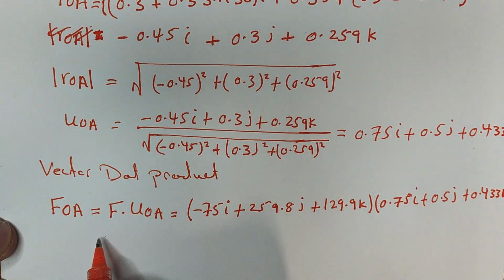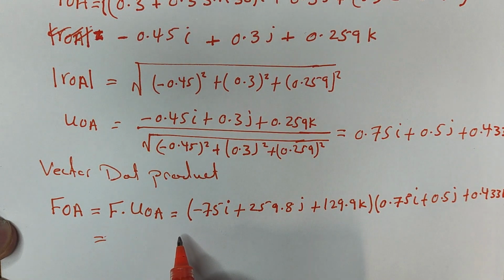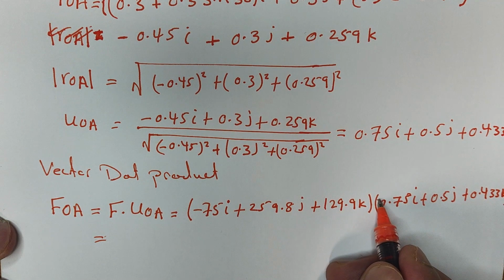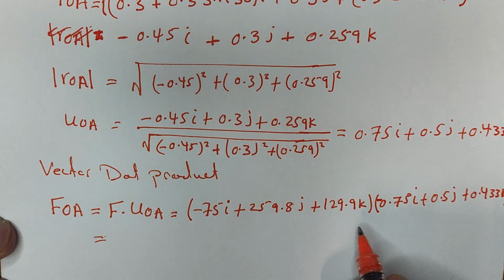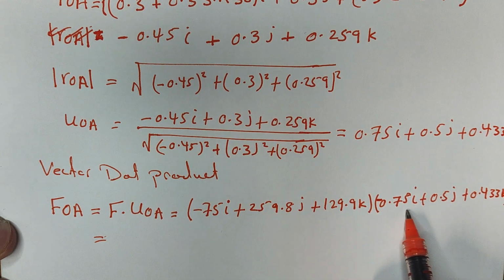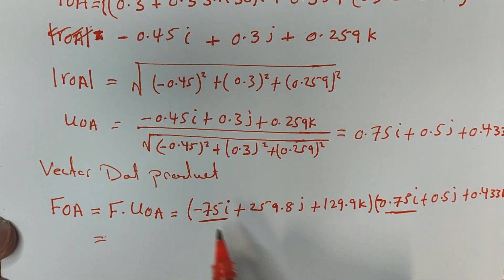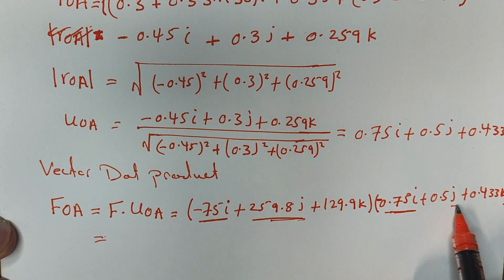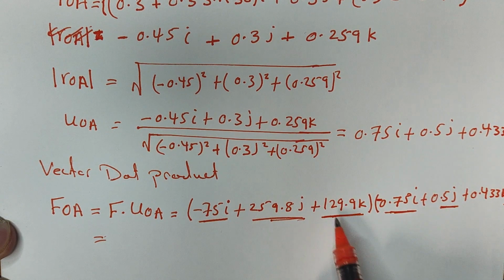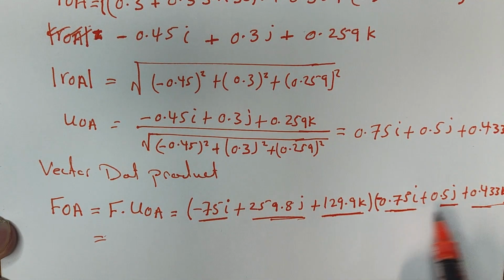Multiply the i components together, the j components together, and the k components together, then add them.